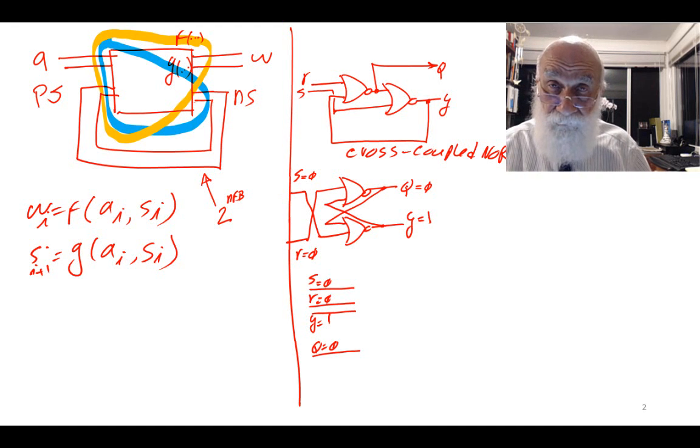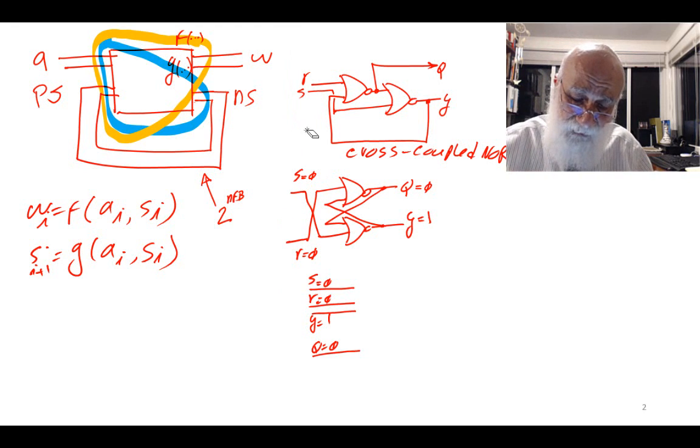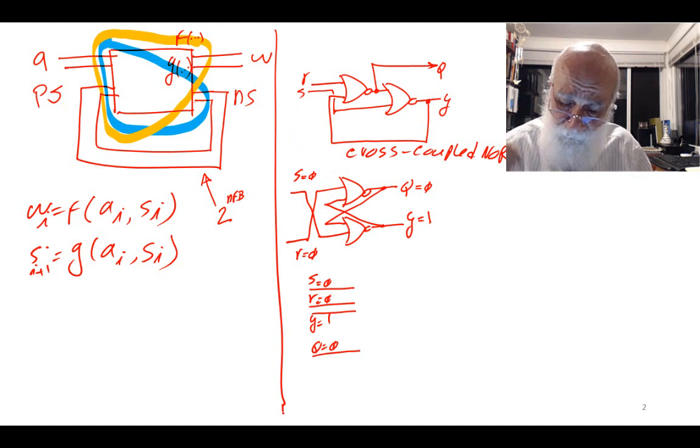That's the one that lines up with Q. Actually, the only reason I did this crossing over at the inputs is that I wanted S and Q to line up with each other. See, S and Q are lining up, R and Y are lining up. I like S and Q to line up for reasons that you will see later on.